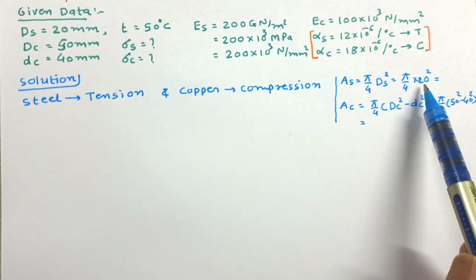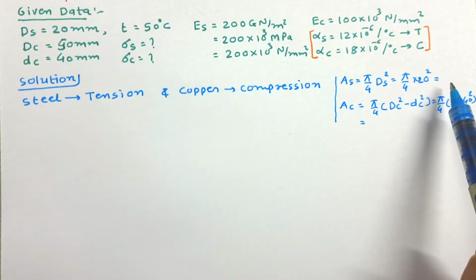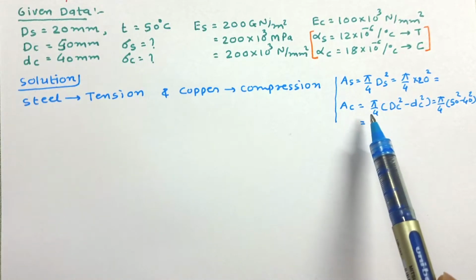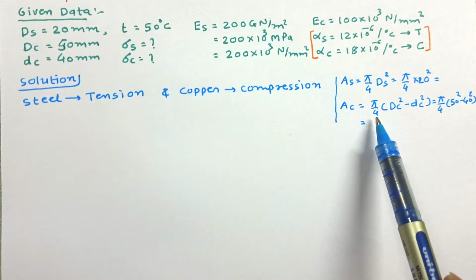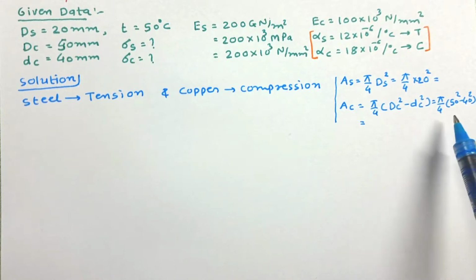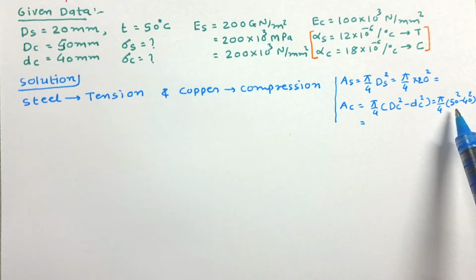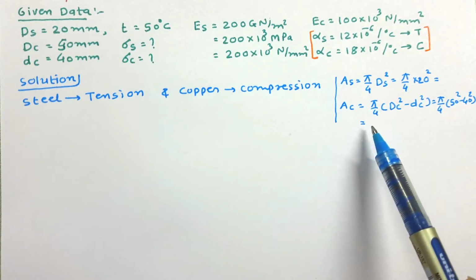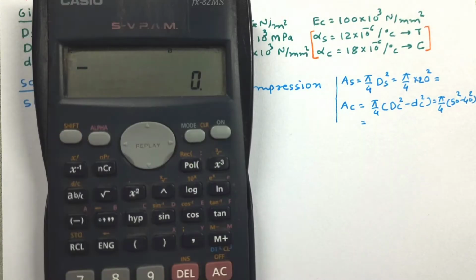The value of the diameter of steel is substituted and we need to calculate it. The copper is a hollow circular tube, so the cross-sectional area is pi by 4 into capital D square minus small d square. So the values of external and internal diameter have been substituted. Now let us work out the area using the calculator.